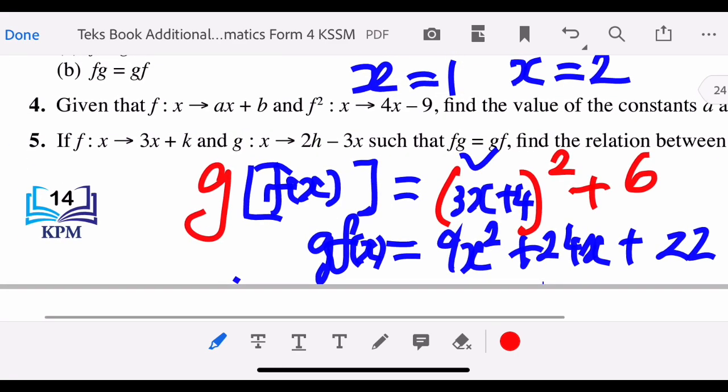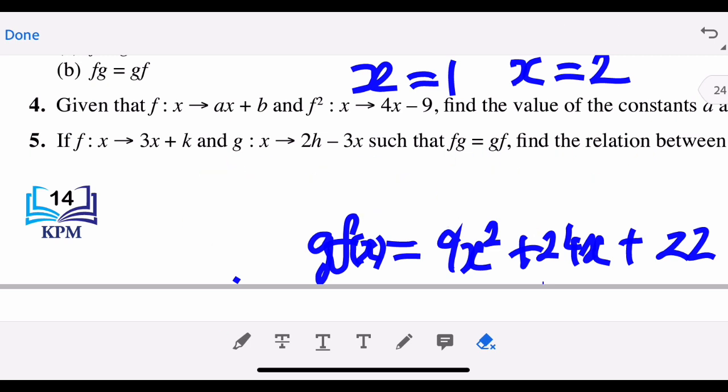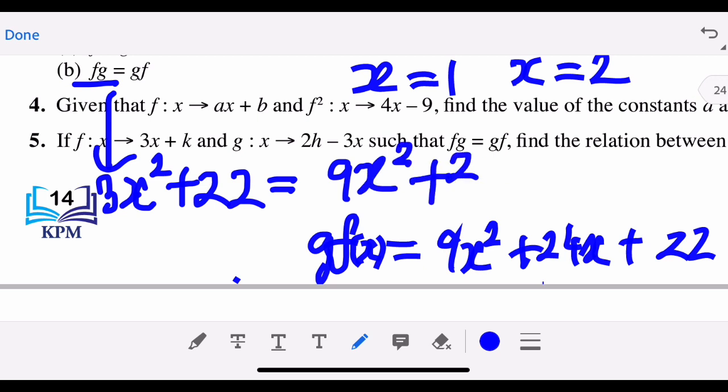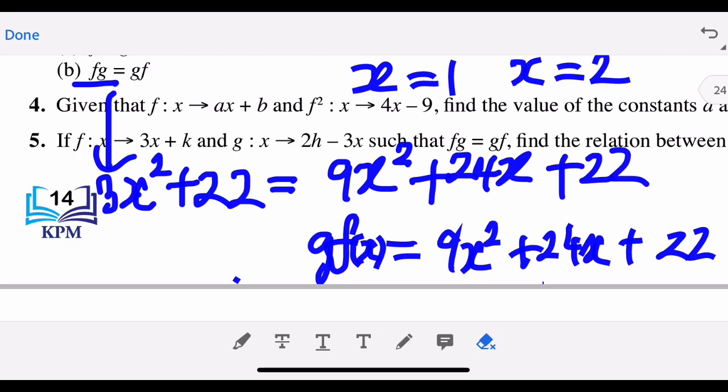So let's copy down: fg just now was 3x squared plus 22, is equal to gf, which is 9x squared plus 24x plus 22, right?